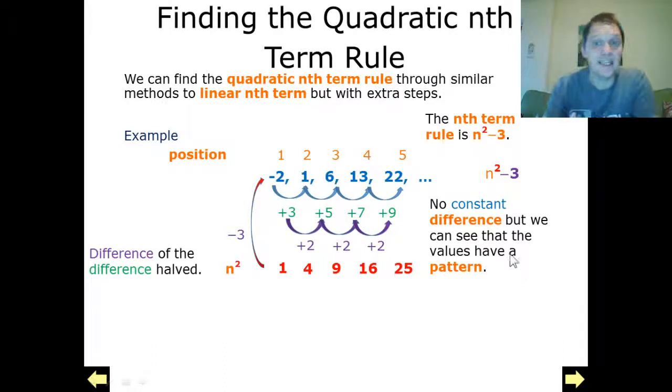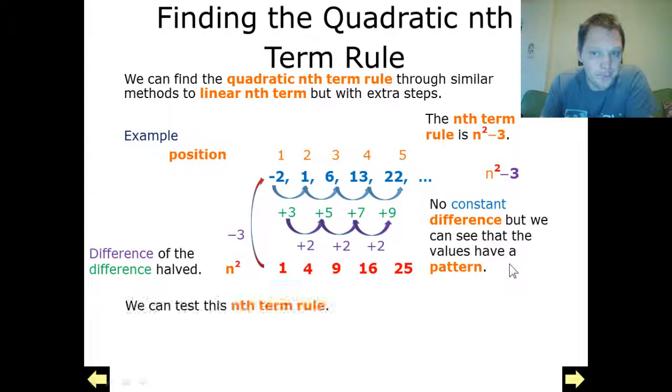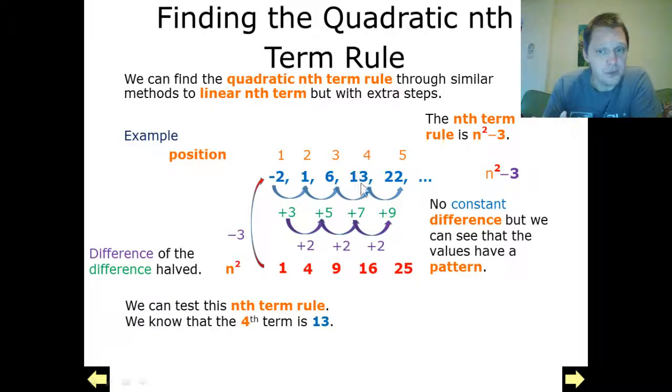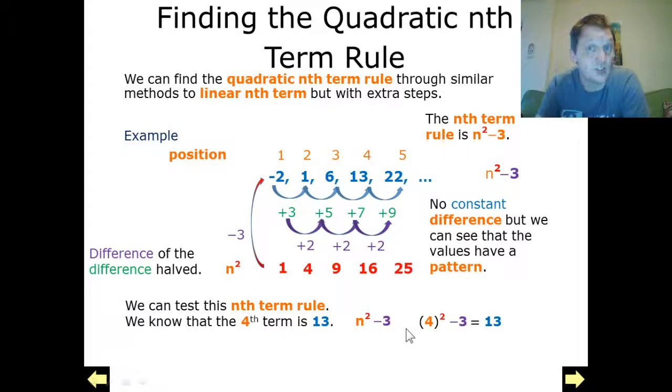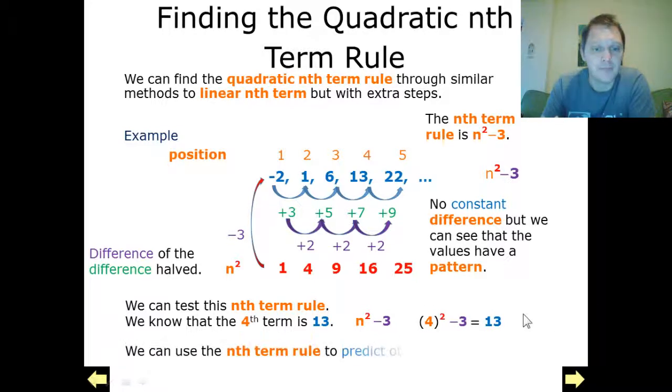So that is my quadratic nth-term rule. Testing it by looking at my fourth term, which is 13: if I substitute in 4 for my n, 4 squared is 16, minus 3, that certainly does give me 13. So I know this quadratic nth-term rule is working.